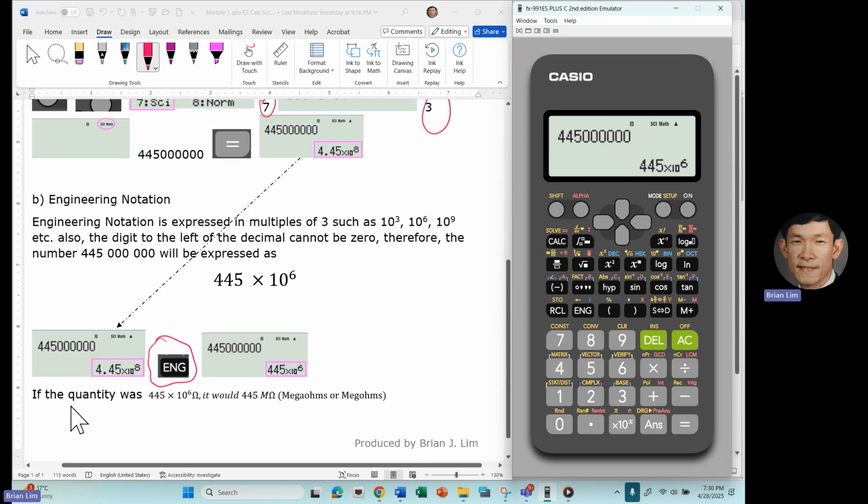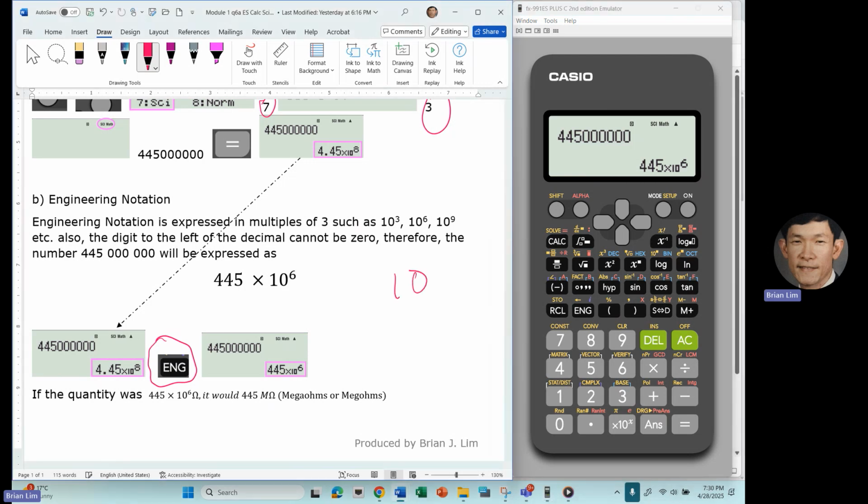Now, as it says here, if this were, say, a quantity such as ohms and we have 10 to the 6th, then we would have megaohms. All right, because this engineering notation goes in exponents of 3. So you would have things like 10 to the 3, 10 to the 6, 10 to the 9.